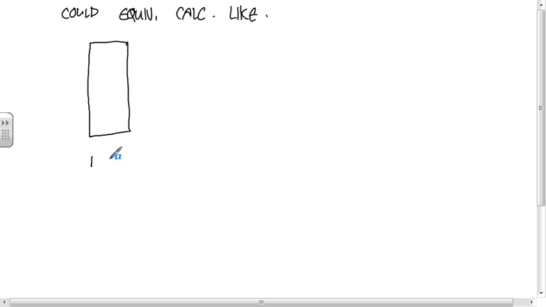Okay, so here's the other way we could have done this. So we could equivalently calculate it this way. So here's the shape. Here's the neutral axis.